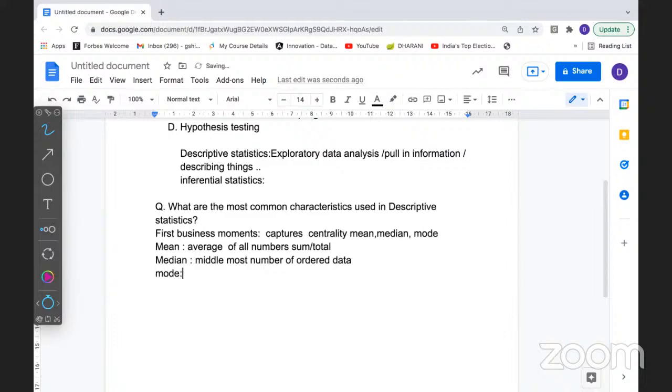Then you have mode, the most repeated value in your data, or most occurred. But the disadvantage of mode is there can be one mode, or it could be bimodal or multimodal.